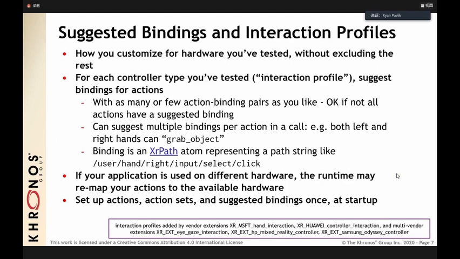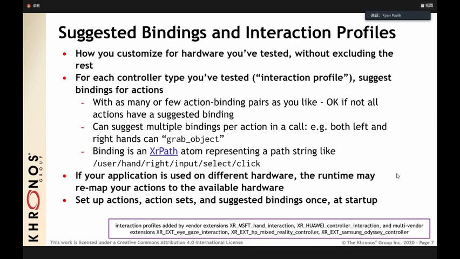Here you can see that we are referring to the select button on the right hand controller, and specifically the click operation of that select button. For the last two path levels, there are naming conventions and standardized names that are detailed in the specification. All these paths are listed in the interaction profile definitions in the specification.